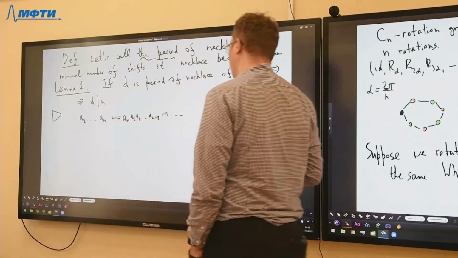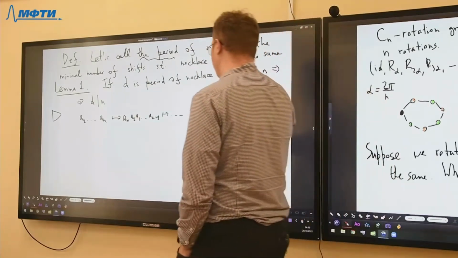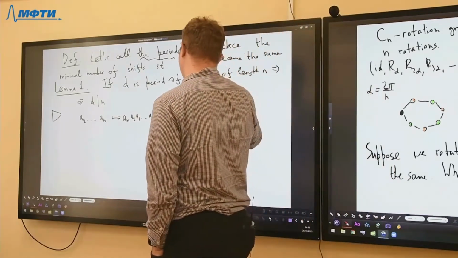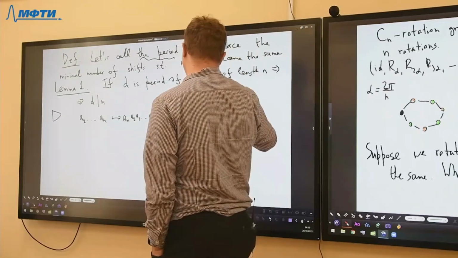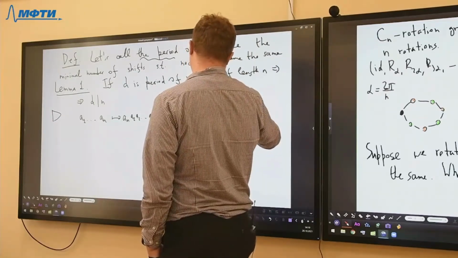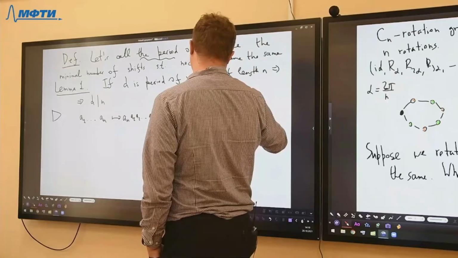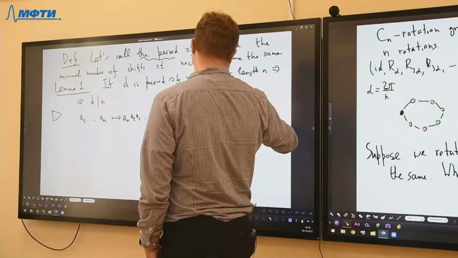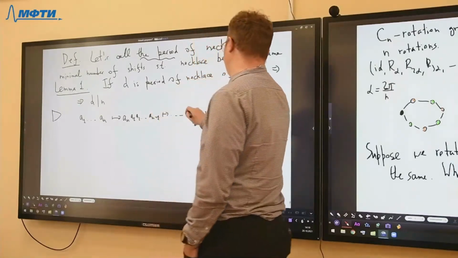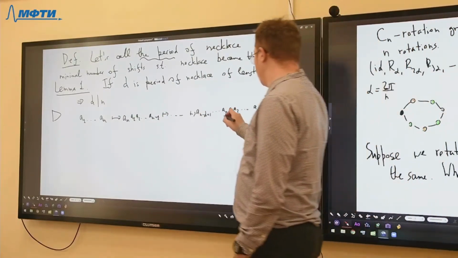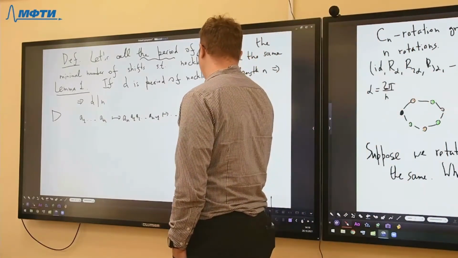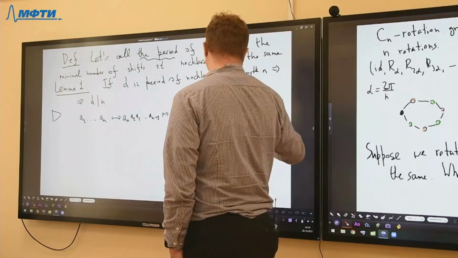And after d shifts, it will be An-d+1, ..., An, A1, A2, ..., An-d. And this should be the initial word, A1, A2, ..., An.